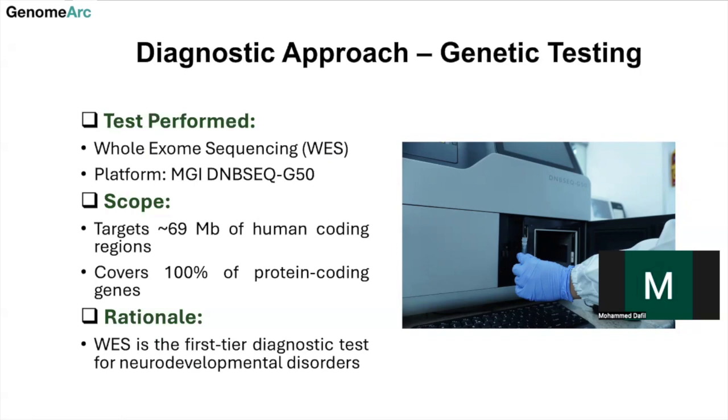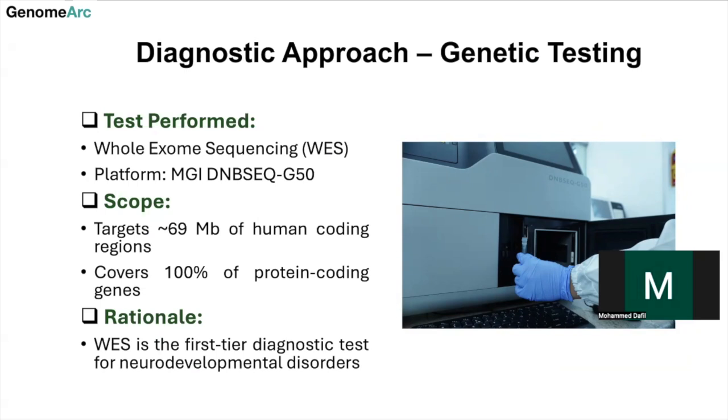Exome sequencing is the first-tier test for this kind of neurodevelopmental disorder case, because there are a lot of variants that have been associated with genetic disease. And more on that, this will exclude all the CNV detection, because this test will only look into whole exome sequencing data.